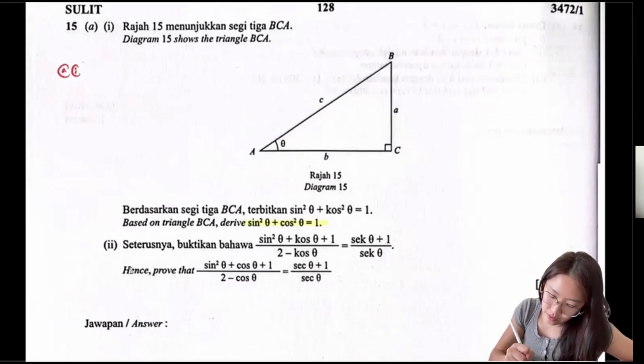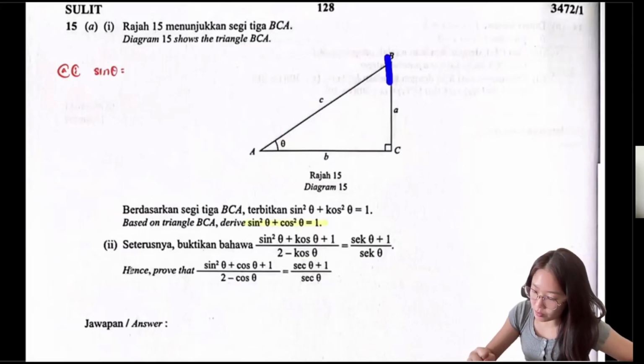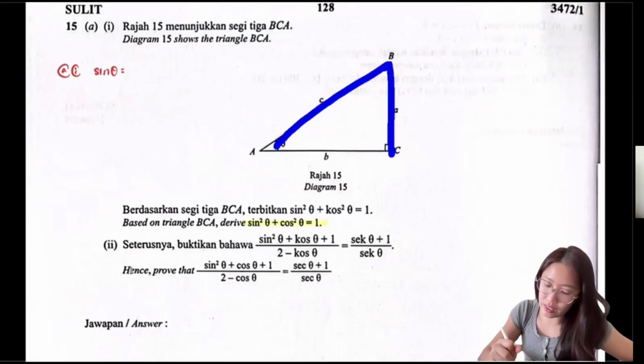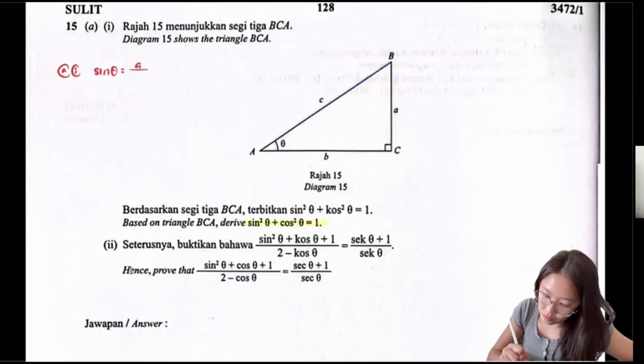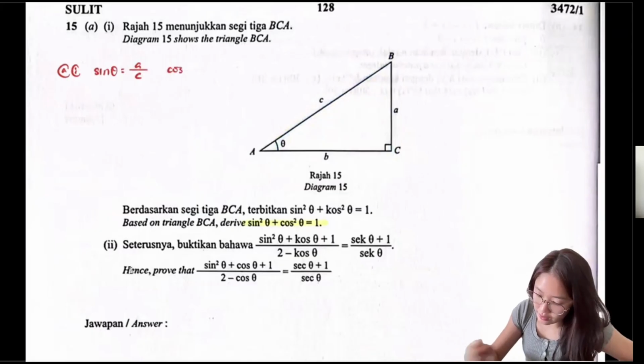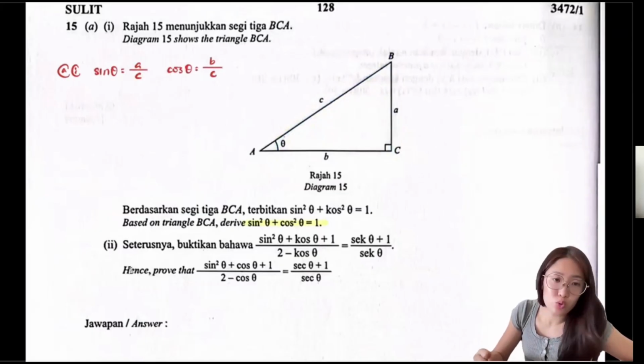What you can do is find out sine theta. Okay, sine is opposite over hypotenuse. So that is A over C. And cos theta is adjacent B over hypotenuse C. Correct? Okay, then this one, right angle triangle, you can use Pythagoras theorem.